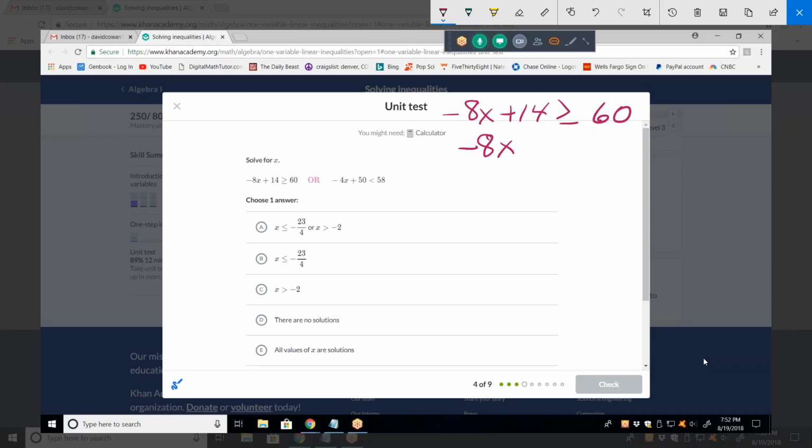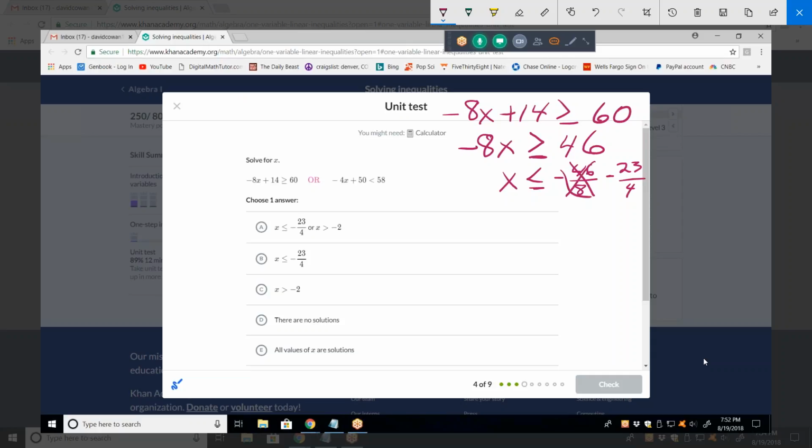Now I've got to get rid of that 14. Greater than or equal to 46. Next line. So x is less than or equal to negative 46 over 8. Can that be reduced? Yes, we can definitely cut them both in half. So that's negative 23 over 4.